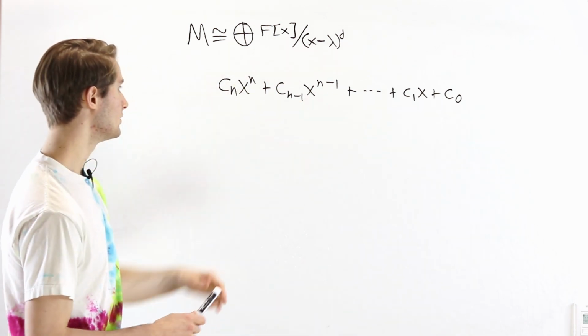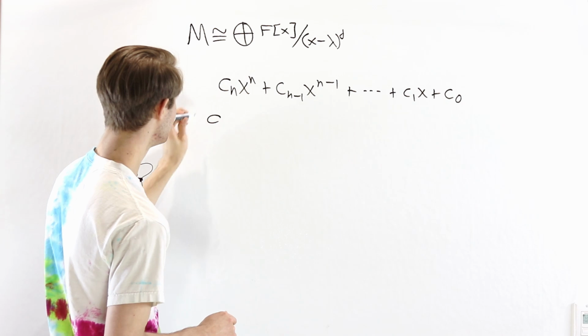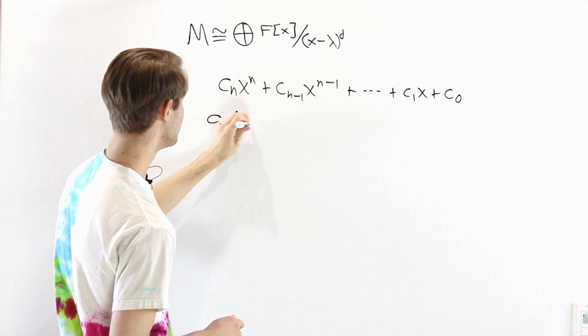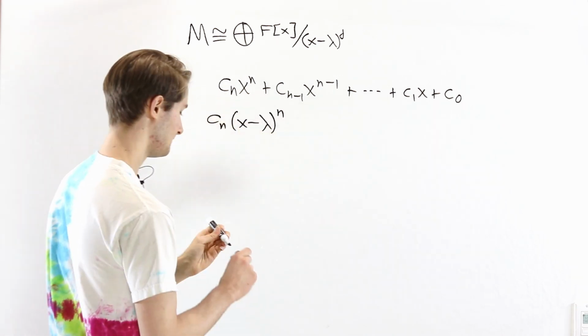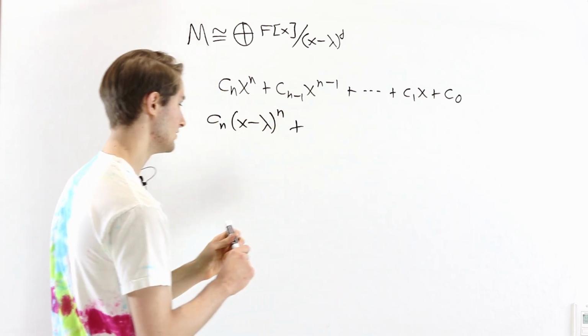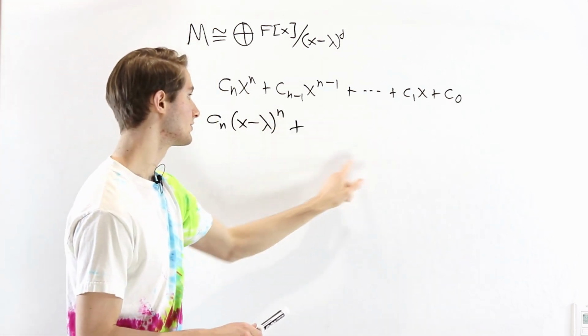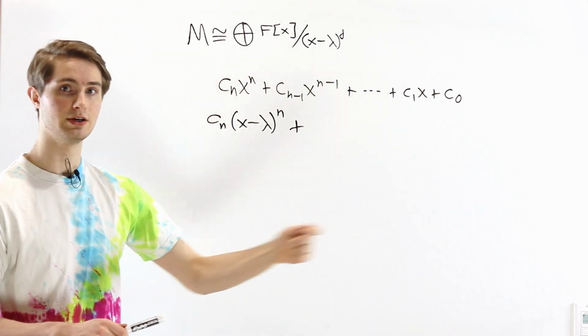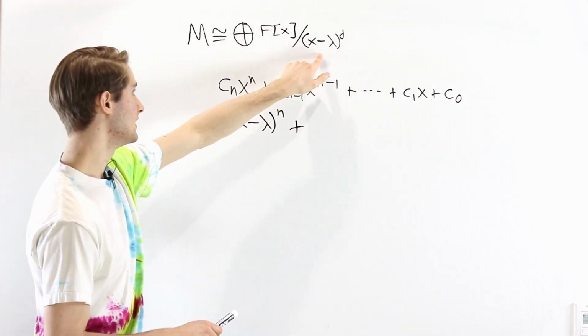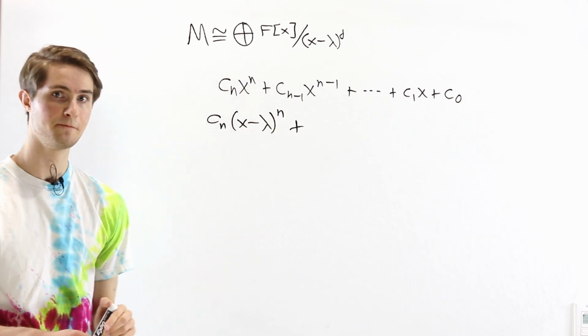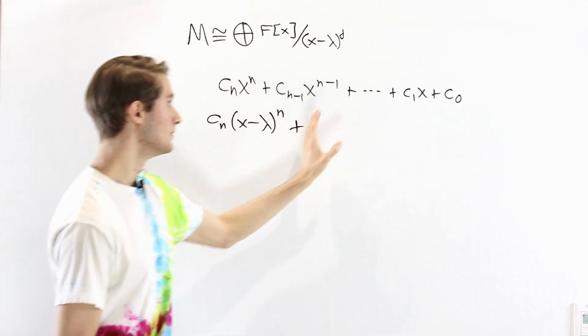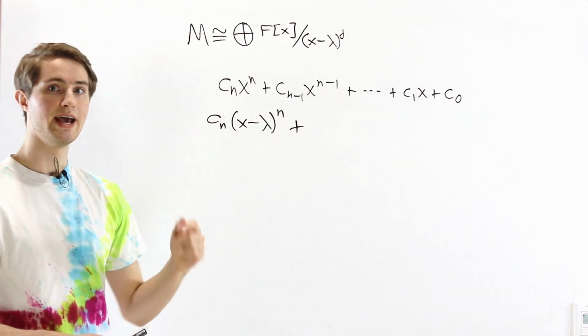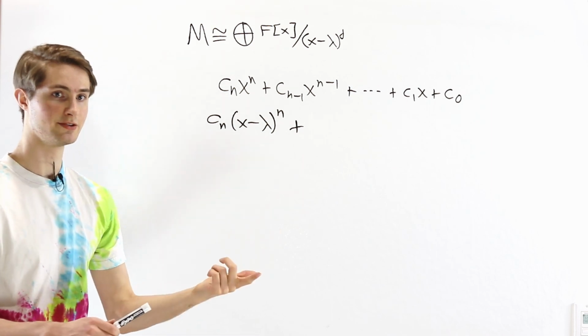So we can write this polynomial as c_n times (x minus lambda)^n, and then with some remainder. And this remainder is going to come from taking this polynomial and using polynomial long division, dividing by (x minus lambda)^n. When we do that, the remainder is going to have degree n minus 1 or less.